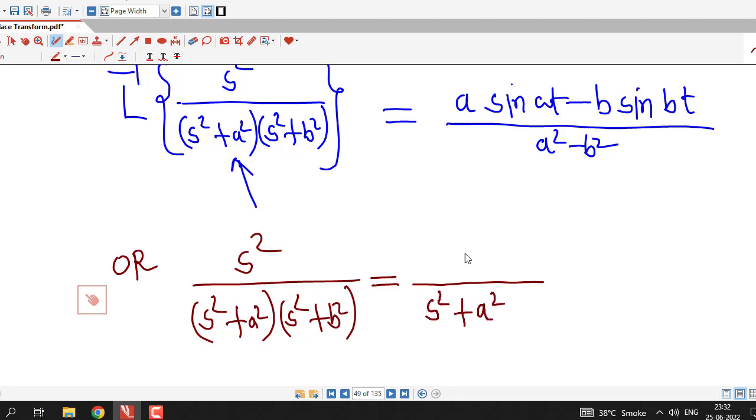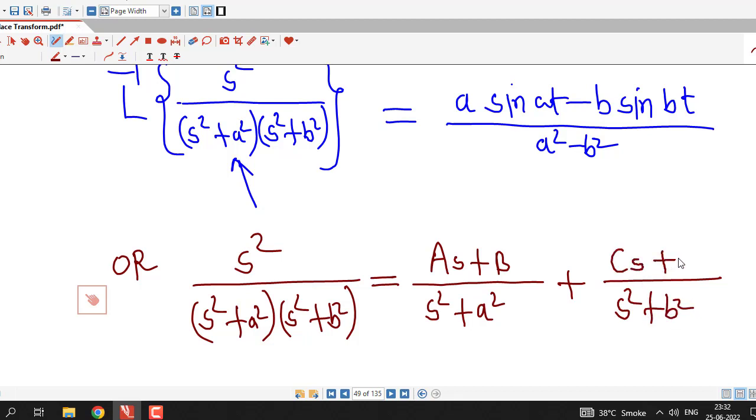For s² + a², we have to write A s + B, and for s² + b², here we write C s + D, and we have to decide the values of these constants A, B, C and D, and then we can obtain the inverse Laplace transform using this method also.